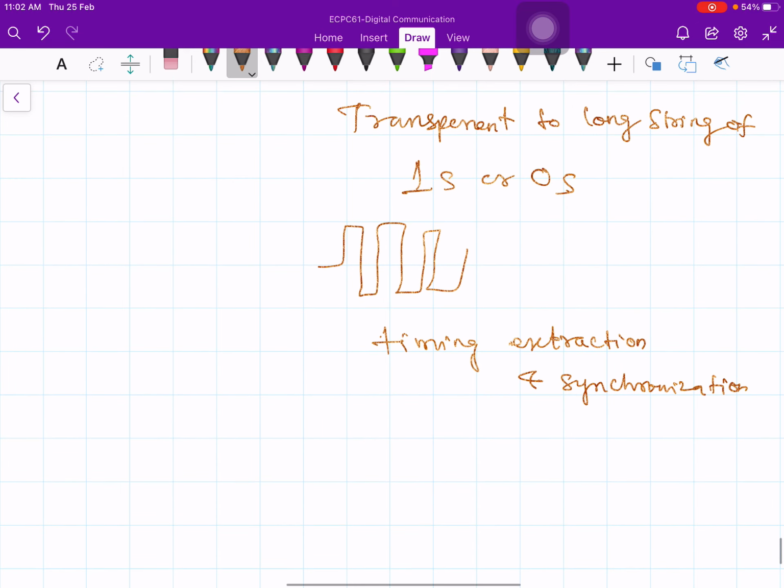It is a good shape to use if the bandwidth is not a constraint. If one comes and says, I don't have any problem with the bandwidth, then you can go ahead with this Manchester encoding. If bandwidth is not a consideration in some applications, one can consider Manchester coding seriously because of the convenience that it gives you.